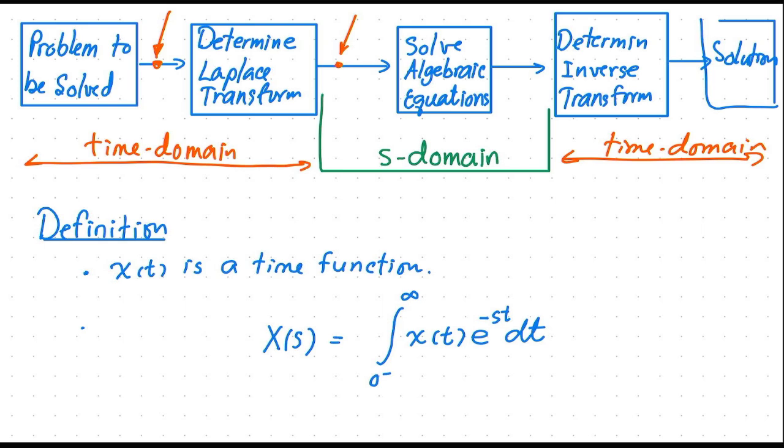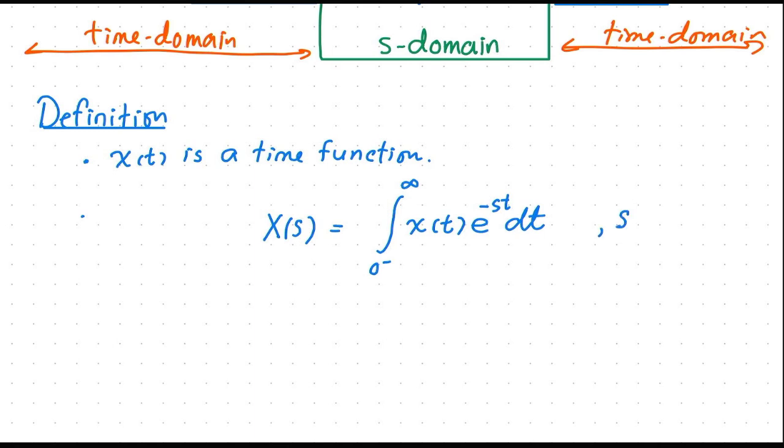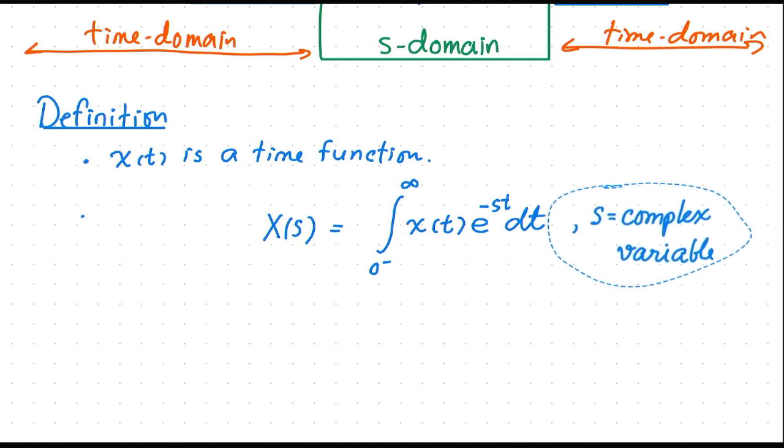The third thing has to do with the variable s here. Okay, s is a complex variable. So what it means is that the value of s would be a complex number.